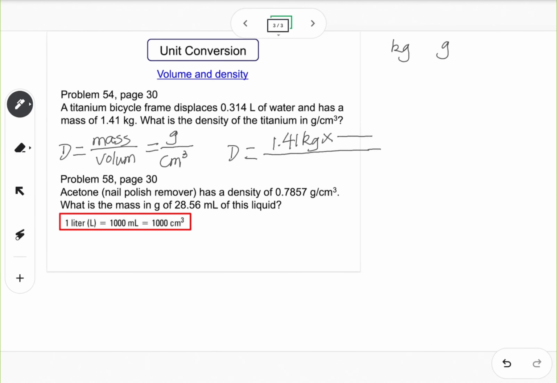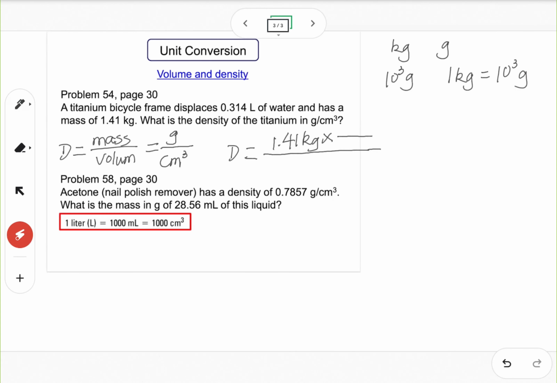If you happen to remember what we learned in the prefix multiplier, lowercase k represents 10 to the third. In other words, 1 kilogram equals 10 to the third gram.